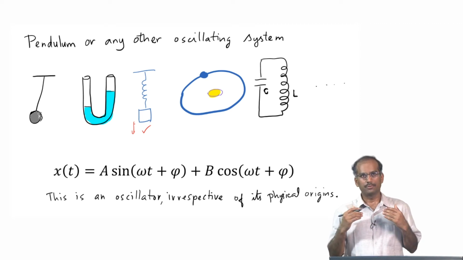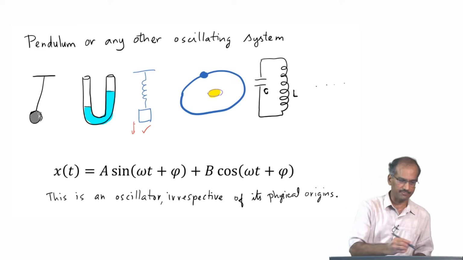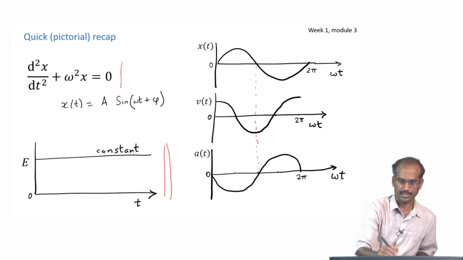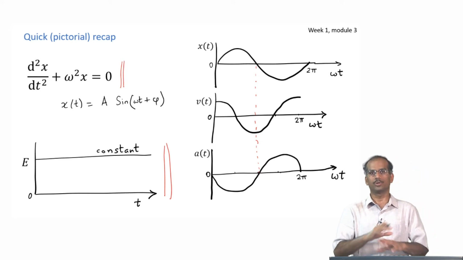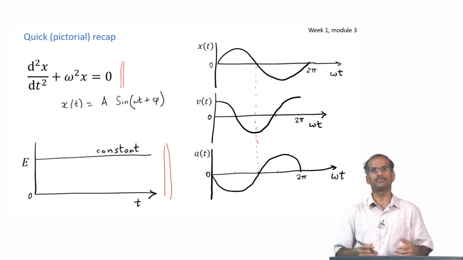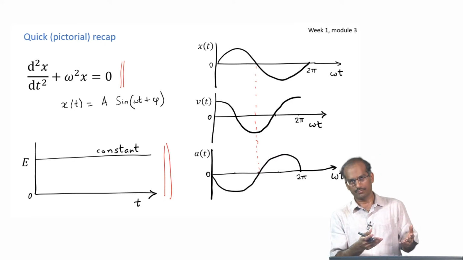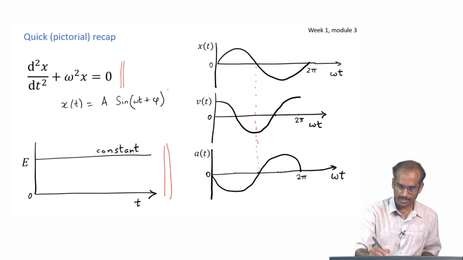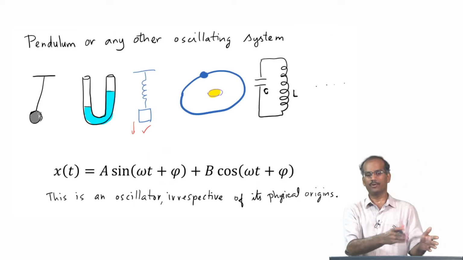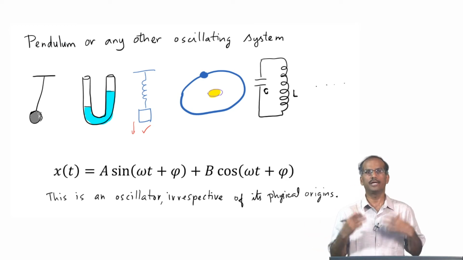Now, when you go to the limit of small oscillations in all these cases, finally you will end up with an equation of motion which looks exactly like this. In all these cases the governing equation of motion is simply a simple harmonic oscillator. Since we already know the equation of motion and we have already written the solution, every time we come across a new oscillating system, we do not have to reinvent the wheel.